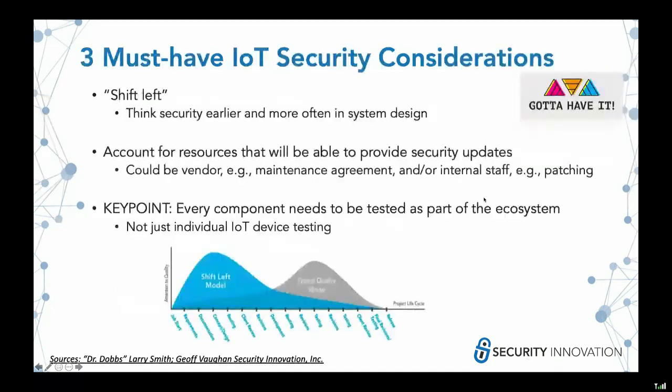So there's a concept that's called shifting left. And it's not a new concept. In fact, it's been around for quite a long time. The place where I was able to lift this particular diagram at the bottom is from an article from Dr. Dobbs that Larry Smith wrote in, I believe, 2001. But the concept is to consider quality at very early stages of a system development lifecycle.